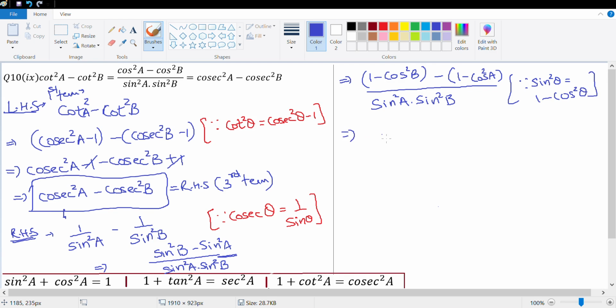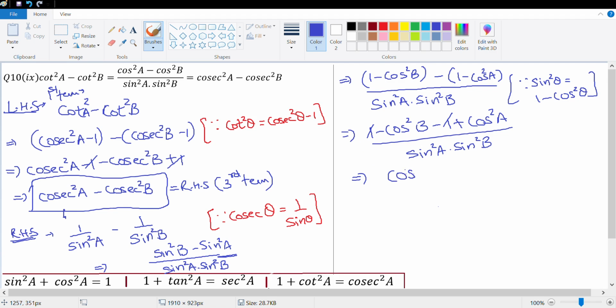Let's open the bracket. This will be 1 minus cos square B minus 1 plus cos square A upon sine square A dot sine square B. Minus 1 plus 1 gets cancelled, and this is cos square A minus cos square B upon sine square A dot sine square B, which is nothing but the middle term or second term.